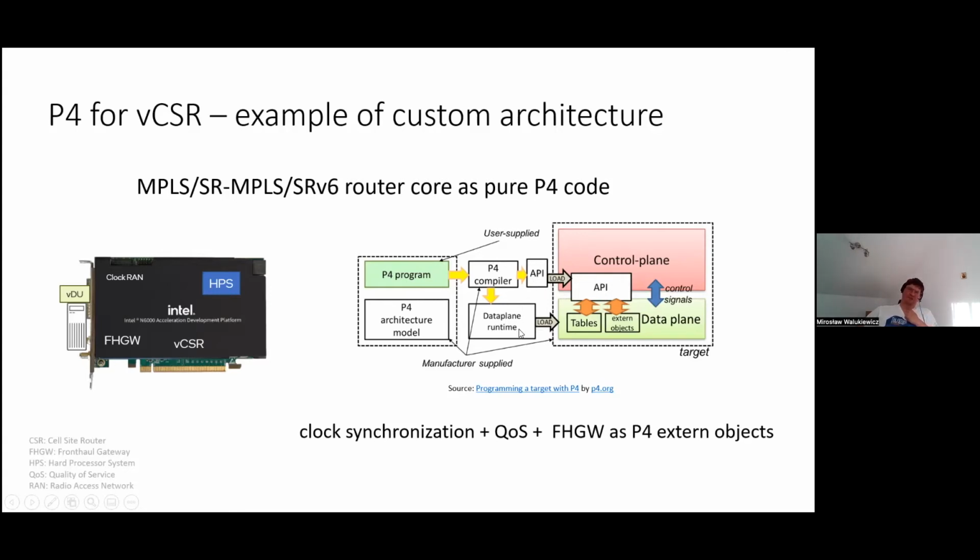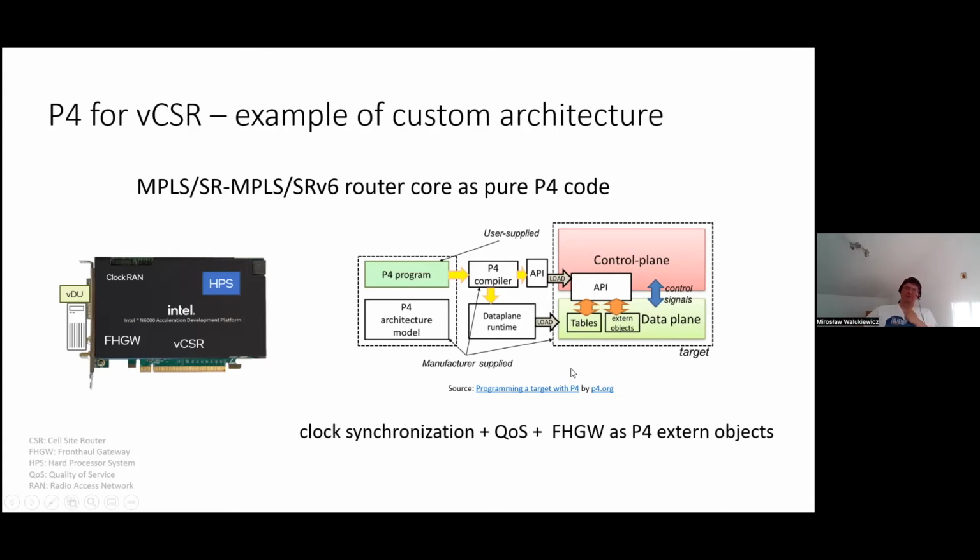And we also have the data plane inside the FPGA, which implements tables programmed by the P4 program through the data plane runtime. And we have externs which we connect to the data plane, preparing data for our data plane.